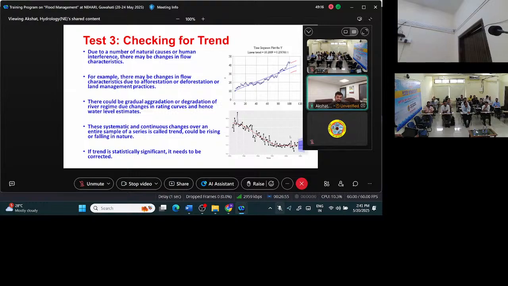Now, another thing is checking for the trend. Due to a number of natural causes or human interference, there may be changes in flow characteristics. What kind of natural conditions or human intervention causes a change in flow characteristics? These are such as afforestation or deforestation or land management practices.